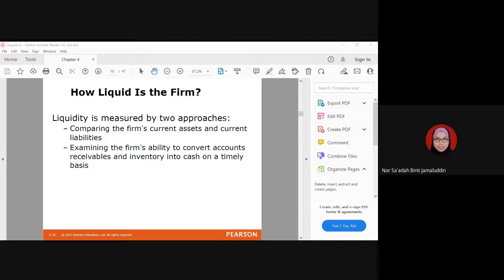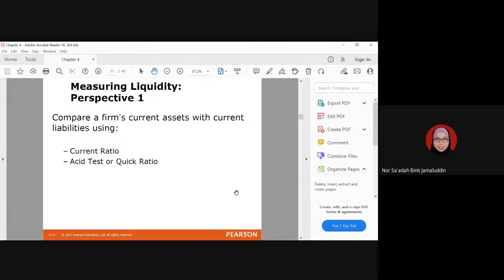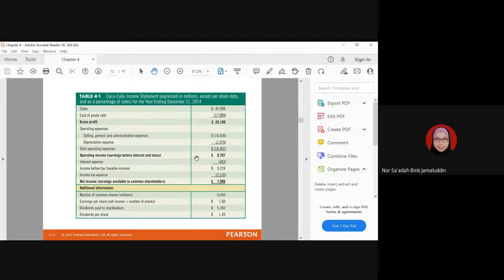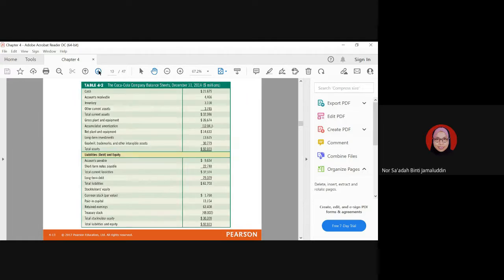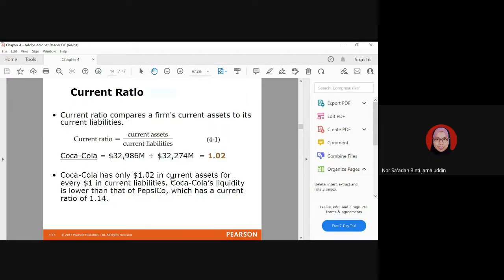Alright. This is the next. How we measure liquidity: compare a firm's current assets with current liabilities using current ratio and acid test or quick ratio. These are the two ratios. So this is the Coca-Cola income statement. Okay, you can refer to this statement in order to calculate the current ratio. This is the formula.